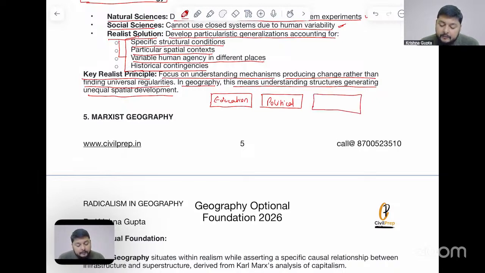Then we have economic structure. In an economic structure, where we stand in this contemporary time, how much money I am earning, by what means I am earning this money, is part of the economic structure. Why I am not earning lakhs of rupees every day is also part of the economic structure.